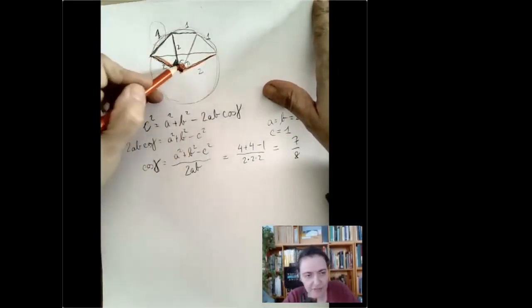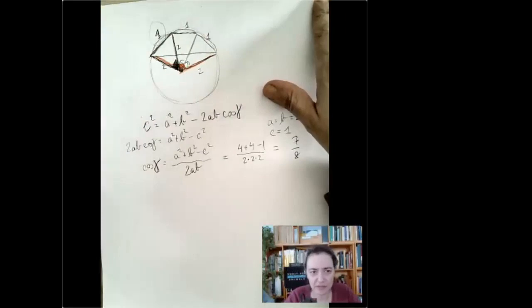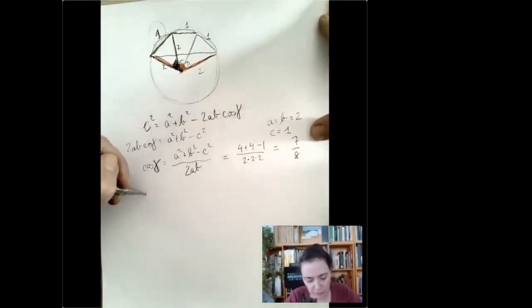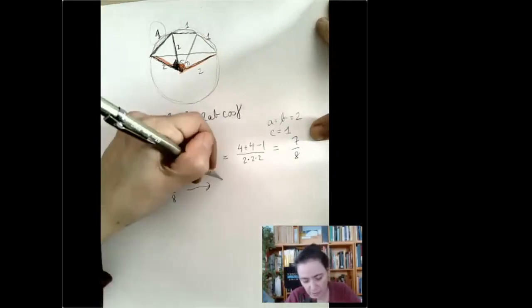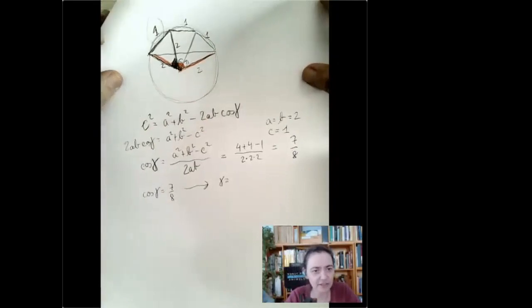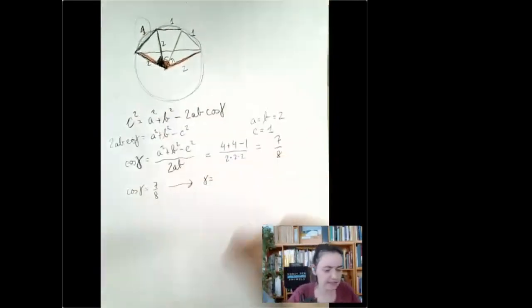And we could actually find the exact value of cosine of 3 times gamma. But this problem is going kind of easy on us because it says we just want approximations, which means that from cosine gamma equals 7/8, we can actually find gamma and then triple it and then run with the law of cosines. So gamma, we're just going to ask the calculator.